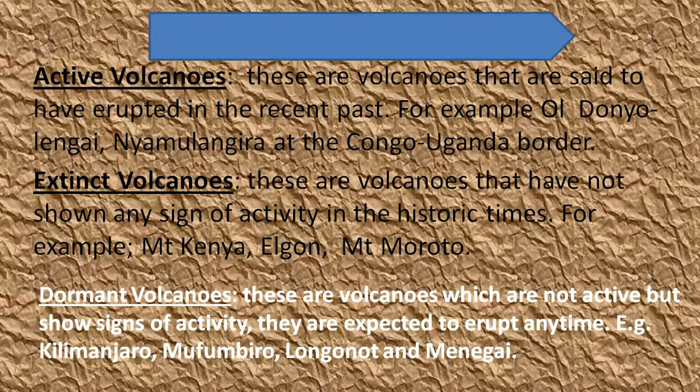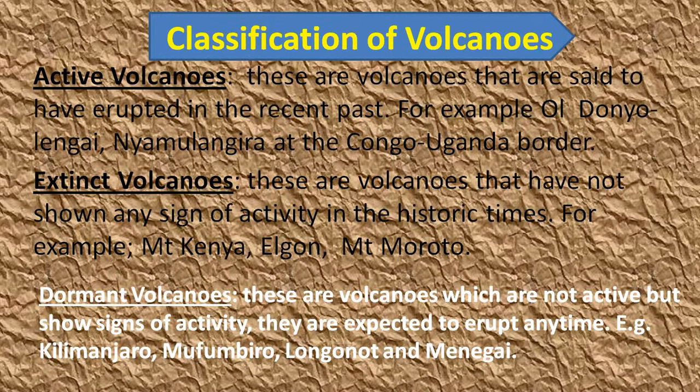I guess it was that lovely. So we want to look at the classification of volcanoes. What we have just seen there is the active ones, the erupting, and you've been able to see how the violent eruption happens, how the lava flows, and how it finally solidifies.